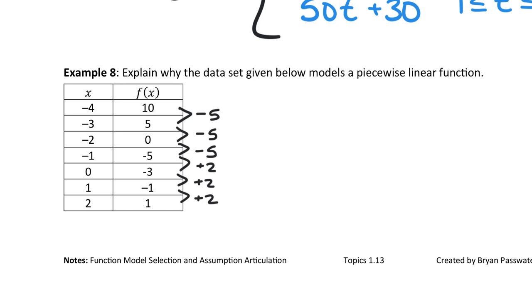If we stopped right away, we would see that we have initially a linear function because all of this is the same. But then, whoa, we have a separate linear function because it's a constant rate of change in two intervals. This is our key to noticing that this is probably a piecewise function that's going to have a red linear function with a slope of negative 5 and a blue linear function with a slope of positive 2.